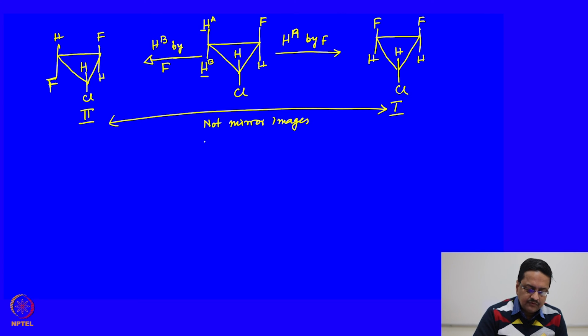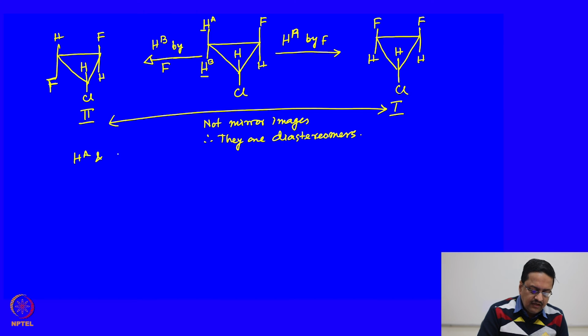They are therefore a pair of diastereomers. So, those two hydrogens HA and HB are diastereotopic.